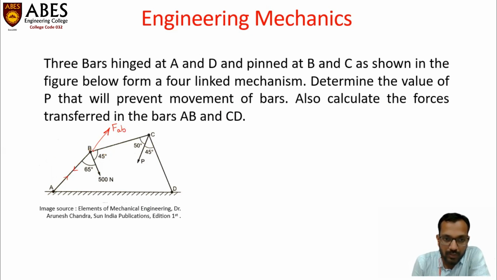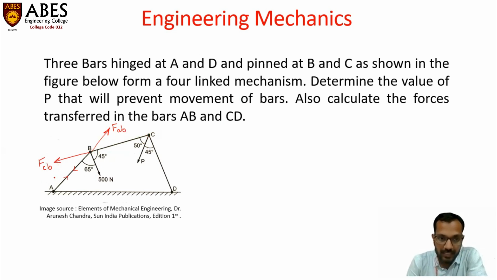Similarly, the force which is being transferred from point C onto point B can be shown like this in the direction of this link BC, and we can symbolize this force as FCB.